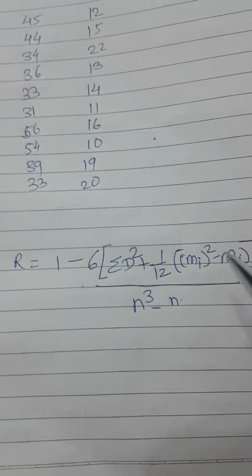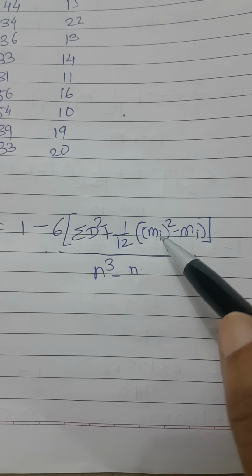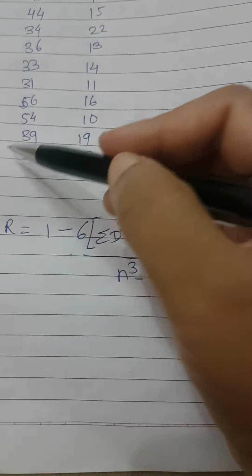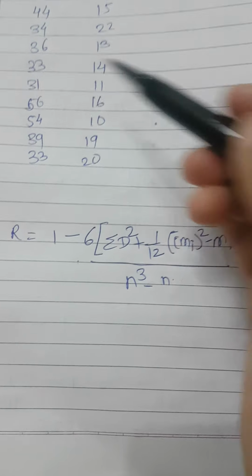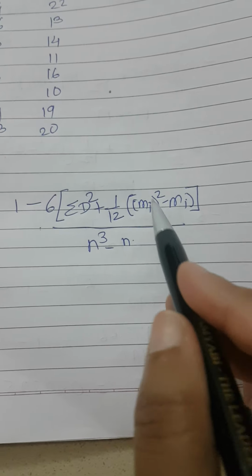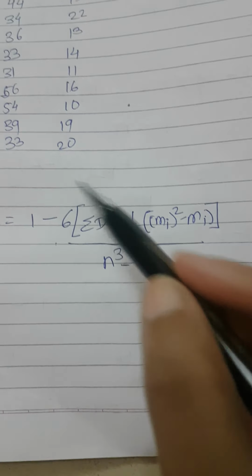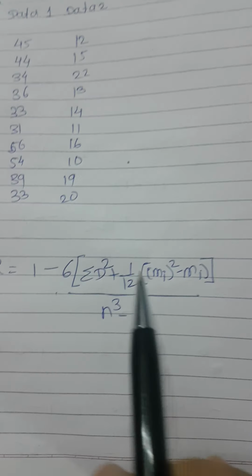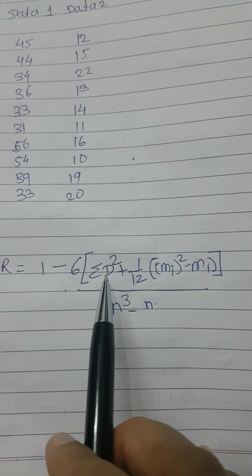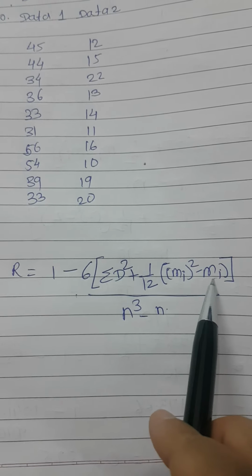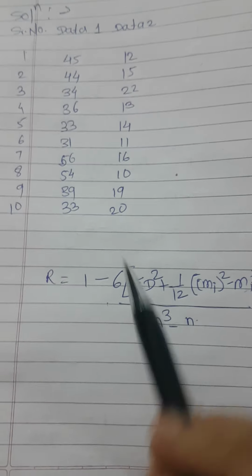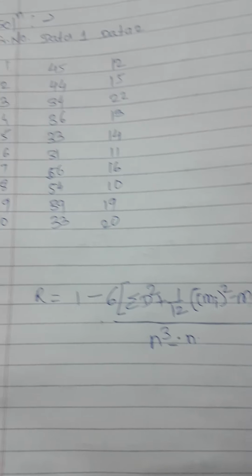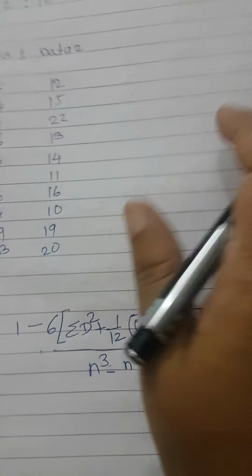In the earlier videos I had told you what this mi is. Mi means here the 33 is repeated 2 times, so we substitute 2, because it is repeated 2 times, and no other number is repeated. Now we have what we need in the formula. We need d, we need mi square minus mi, and n is the number of observations, which is 10. So now let's find d.